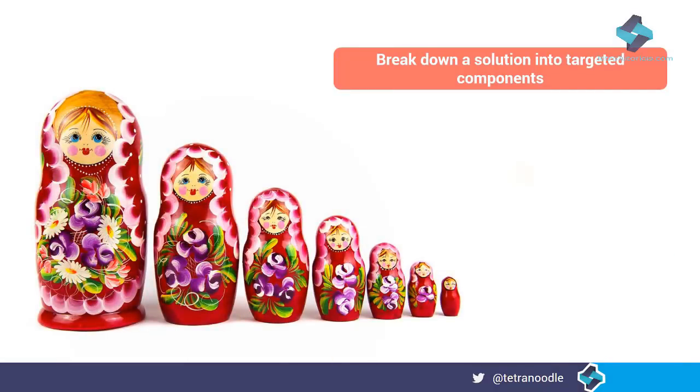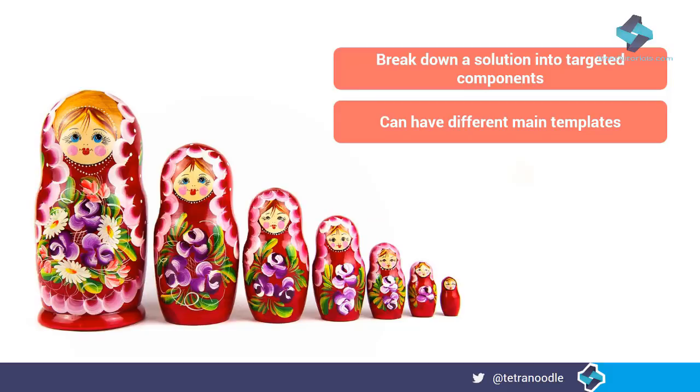To deploy your solution, you can either use a single template or the main Azure template with multiple nested Azure ARM templates. Nested Azure ARM templates are common for more advanced scenarios. Using a nested Azure ARM template gives you the following advantages. They allow you to break down your solution into targeted components.